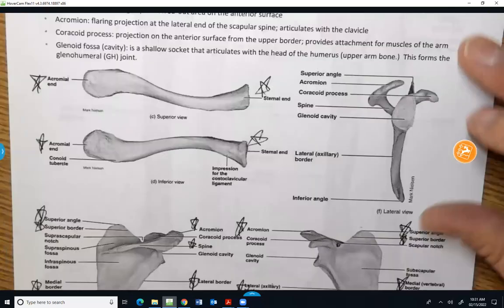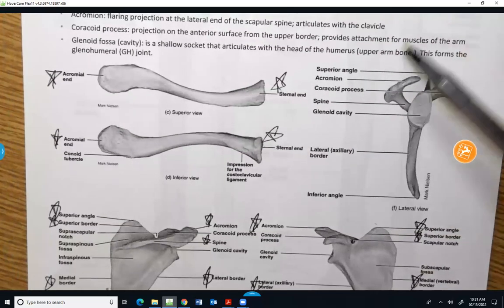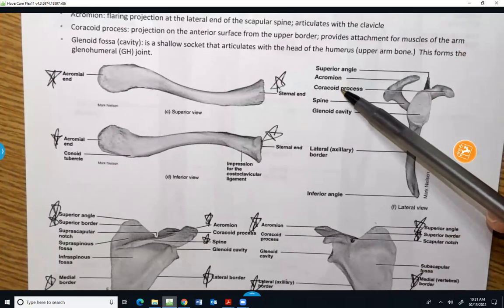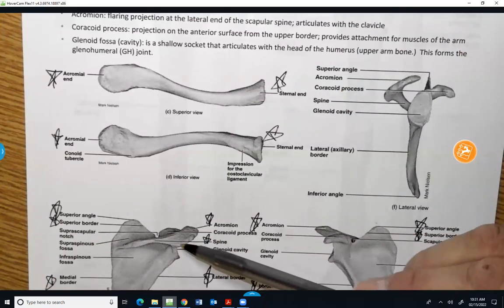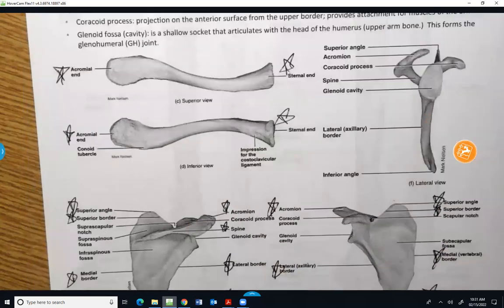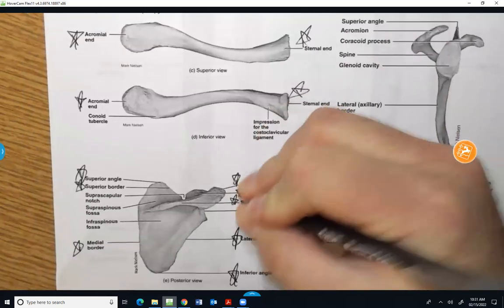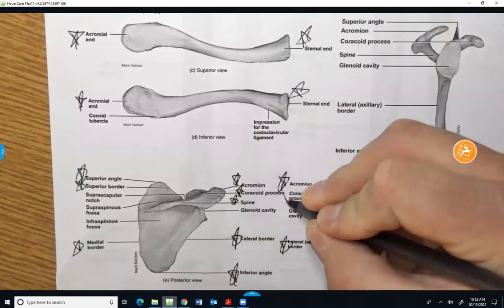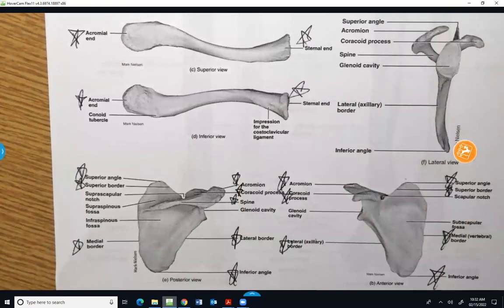Not to be confused with the acromion is what we call the coracoid process, and that's labeled here in the posterior view, but you really can't see it so well there. You get a pretty good view of it here in the anterior view. The coracoid process is like a hook.